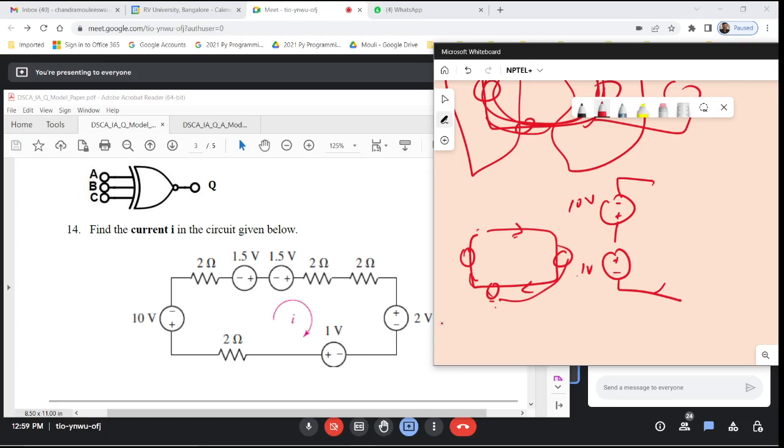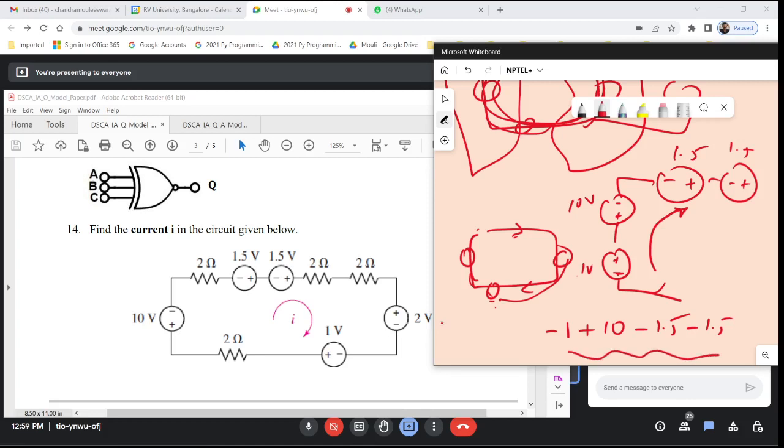And then go from one direction, and if you encounter a minus terminal, put -1. If you encounter a plus terminal, plus 10. And another source which is minus plus, which is 1.5, minus 1.5. Then another one is minus 1.5. So like that you keep adding them, all of them. Be very clear about polarities.